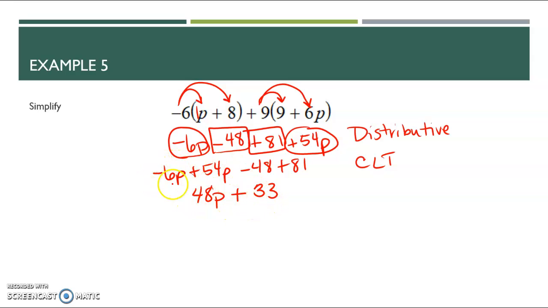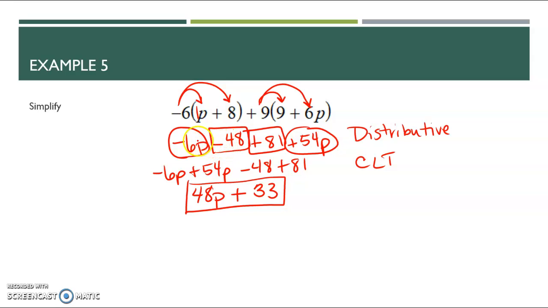Now, again, you don't have to rewrite as one of your steps, but if it helps you visualize the signs and make sure that you're doing your subtraction correctly or your integer rules correctly, I highly suggest writing it out and changing order. Remember that the sign in front of your number is the value of that number.